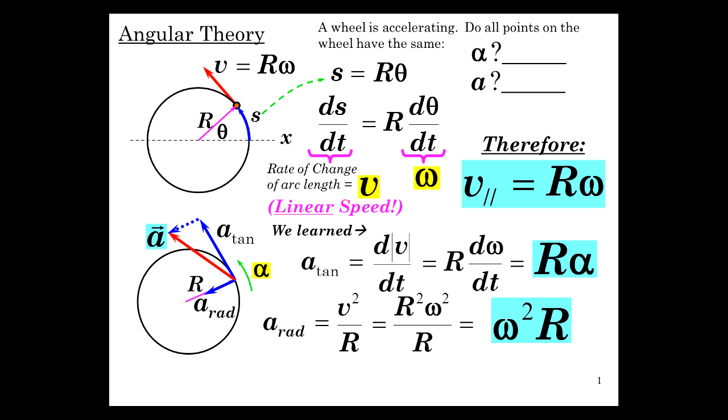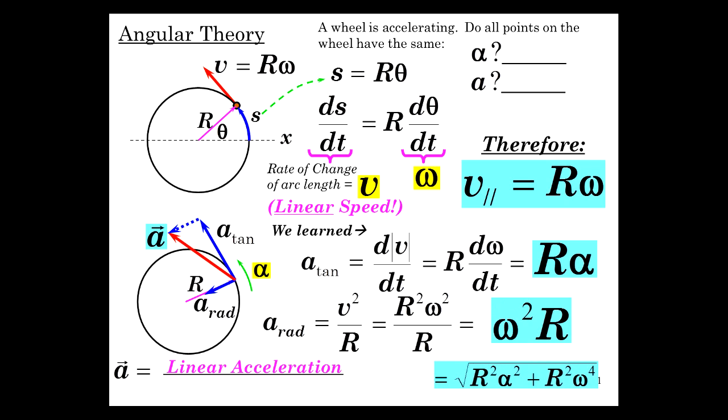We're going to hook it off the end here and add the vectors, the tangential acceleration and the radial acceleration, to give us a resultant vector acceleration that we're going to call the linear acceleration, for lack of a better term. And since we know the two parts, namely the tangential acceleration and the radial acceleration, we can get the linear acceleration by taking the square root of the sum of the squares.